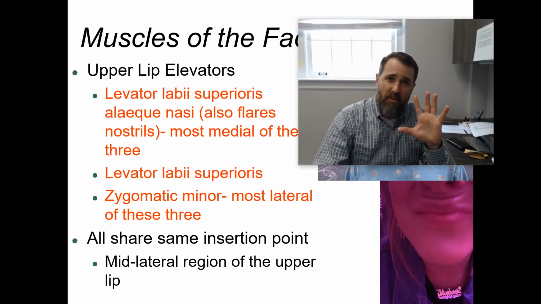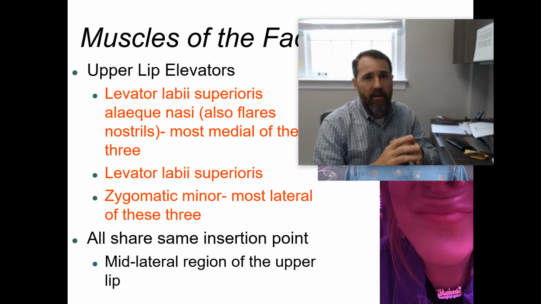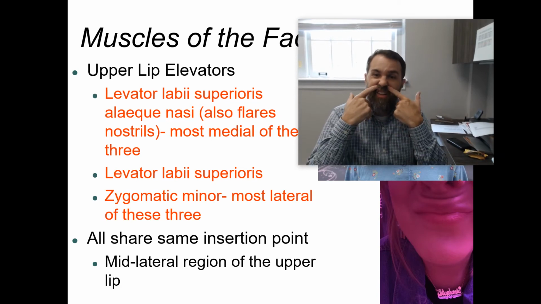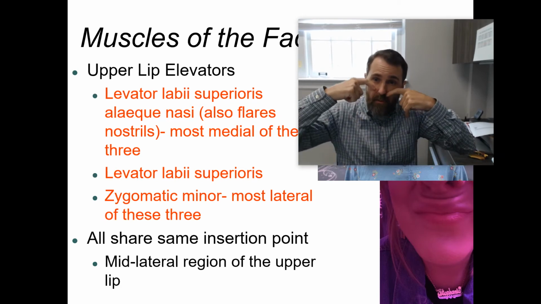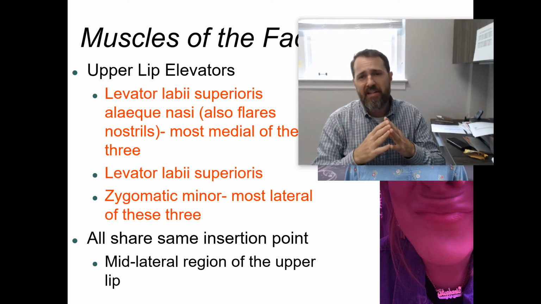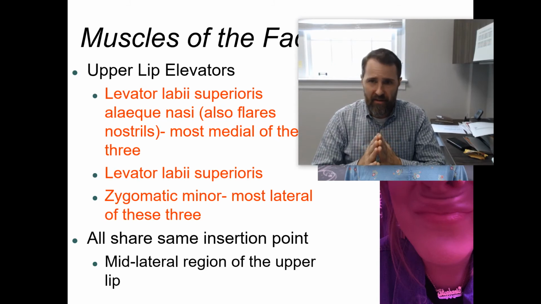The next three muscles we're going to talk about, it's easiest to learn them as a group. These are the muscles that elevate the upper lip. So if you're going to elevate the upper lip, you have to reach down from above to insert into the upper lip. And that's exactly what these three muscles do. You have the levator labii superioris alaeque nasi.